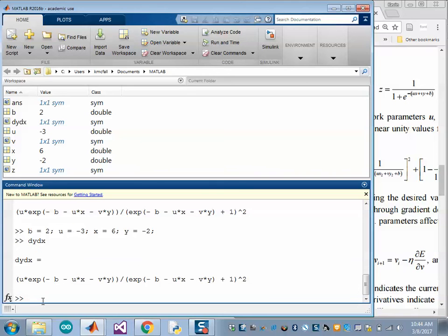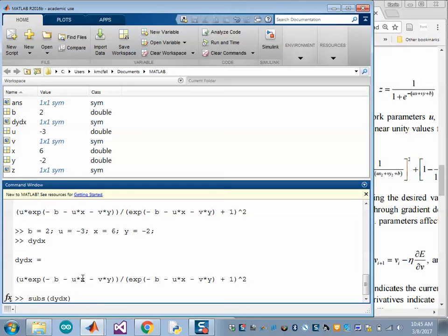Now what I want to do is I want to substitute the values of those things into the expression. So if I do subs for substitution, so substitute all of the things in for dy dx. So what it's going to do is going to look, well, what is the value of b? That happens to be 2. What is the value of u?